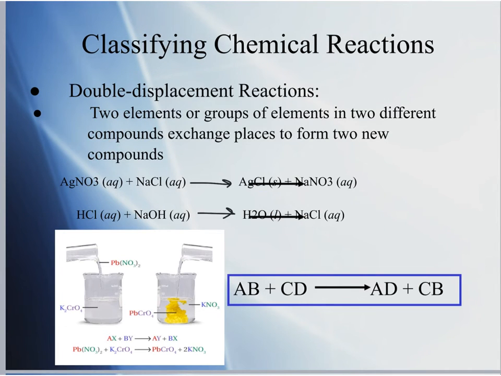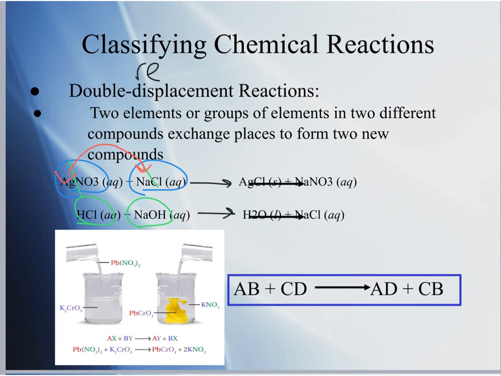All right, next one is called double displacement, or again, double replacement reactions. In this one, we are going to start with two compounds. So here we've got two compounds as reactants, and basically what they're going to do is switch partners. For example, in this first one, silver is going to break away from nitrate, sodium is going to break away from chlorine, and they're going to switch places.